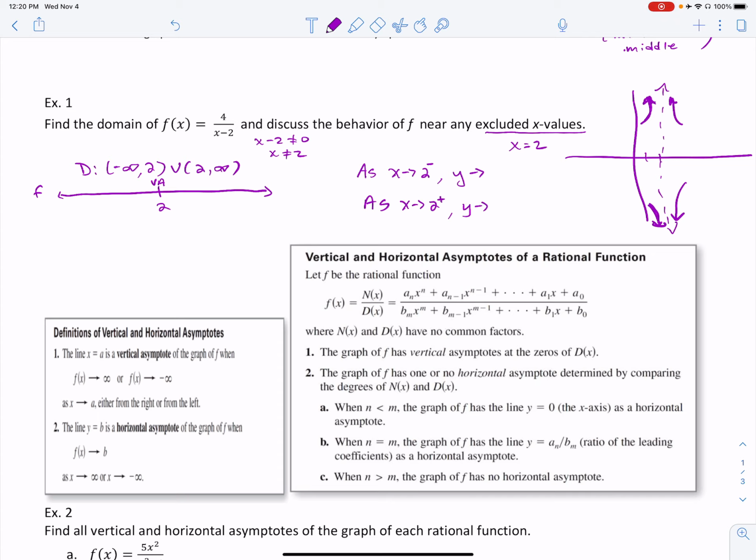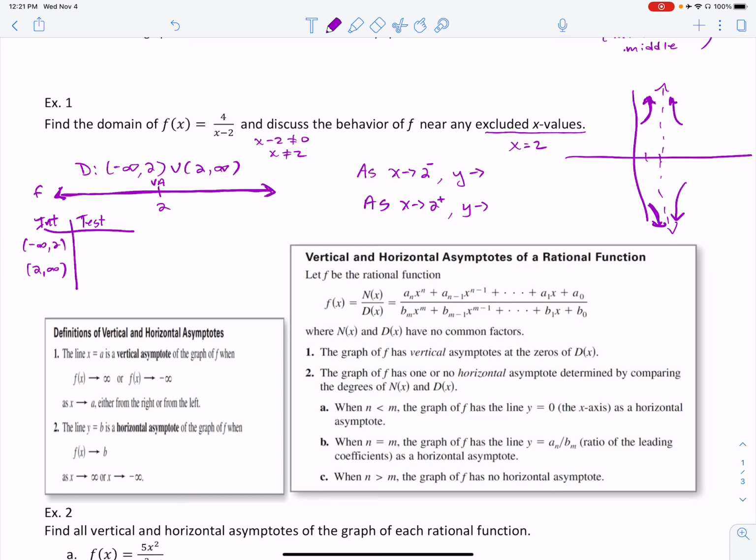So if we come back to this number line, it breaks f into intervals, divided by that excluded value. There's only one excluded value, so we just have 2 intervals. And basically, I just want to test a value to the left of 2.